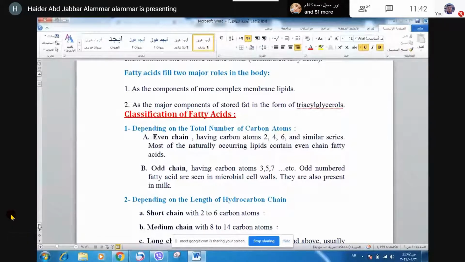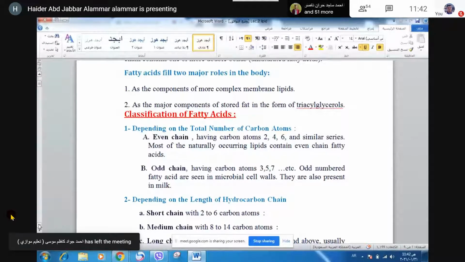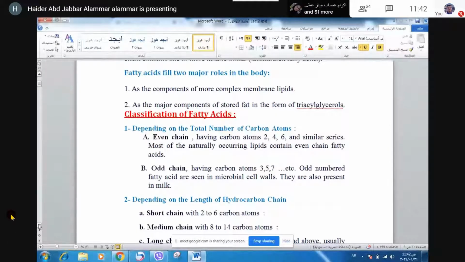Regarding the classification of fatty acids, this classification is so simple. The first depends on the total number of carbon atoms, whether odd or even. If the fatty acid contains an even number, it is called even chain fatty acid, meaning it has carbon atoms 2, 4, 8, 12, 16, 20, etc. Please focus with me, most naturally occurring lipids contain even chain fatty acids, not odd chain.